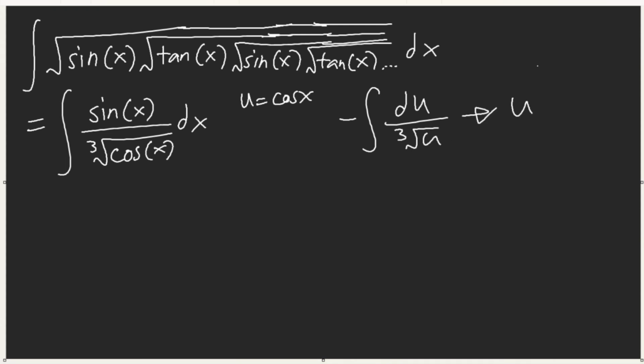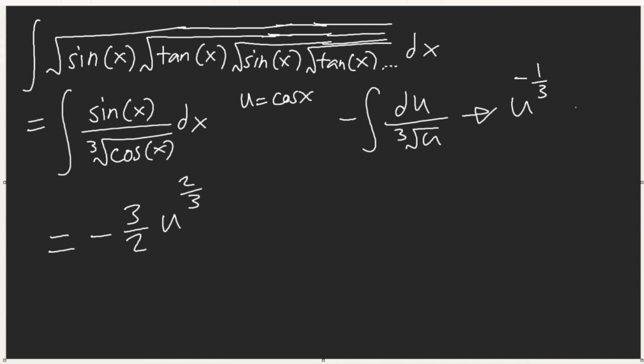If you need to, you can rewrite this as u to the negative 1/3 to help you see. And so now this integral, plus 1, that's 2/3, so that's going to be 3/2. So it's going to be negative 3/2 u to the 2/3, I believe that's what we have.